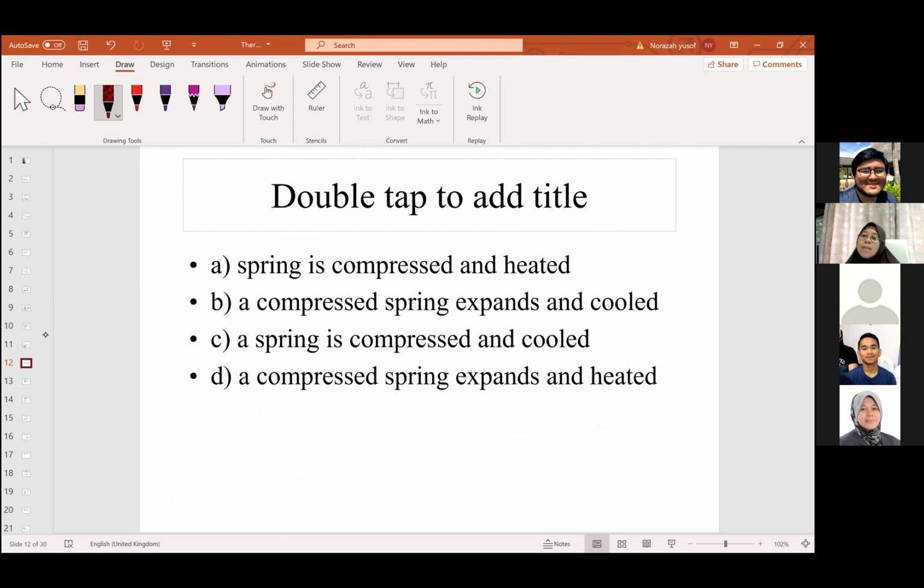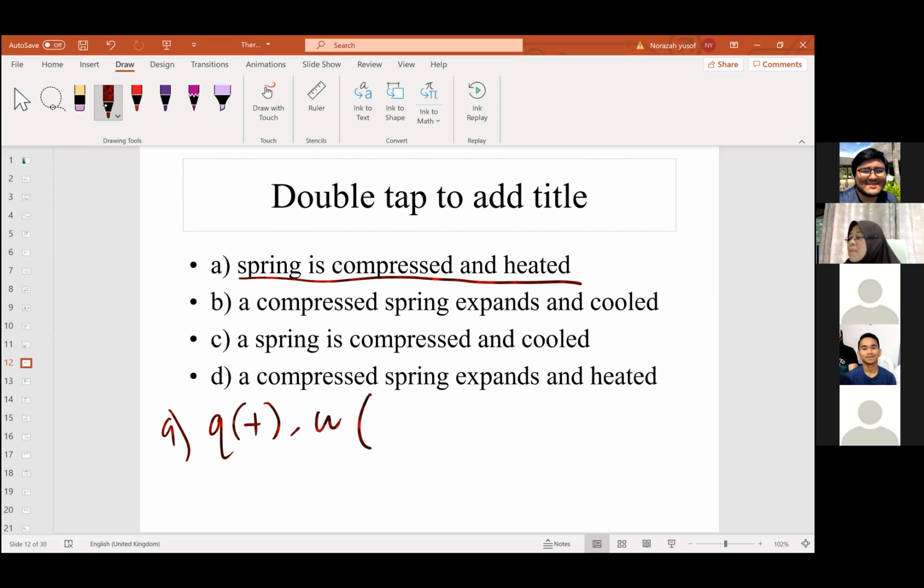Okay, now let's do some questions. The first scenario: the spring is compressed and heated. So is Q positive or negative? Positive. What about work? Positive. So the spring is compressed, work is done on the spring, and it absorbs heat.